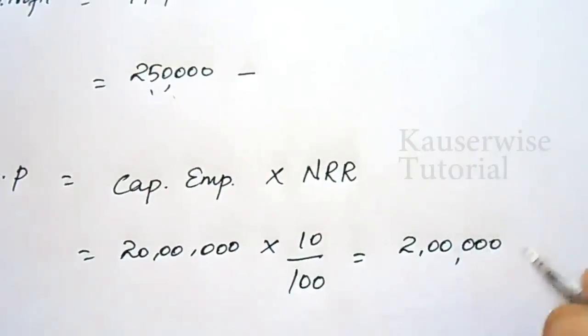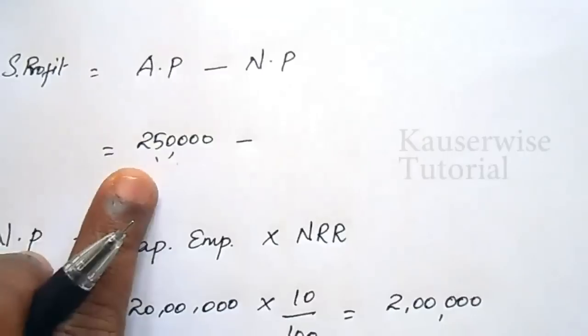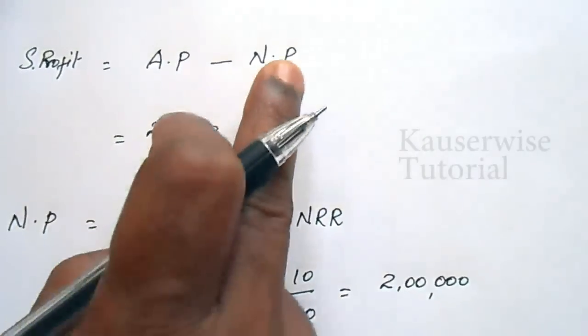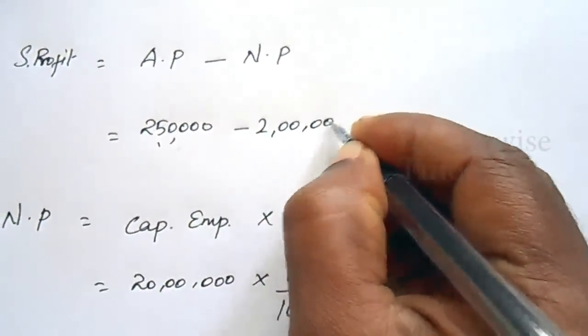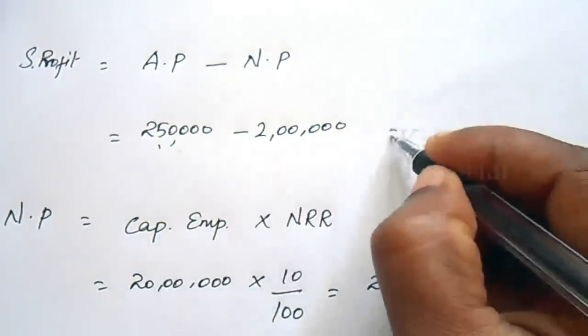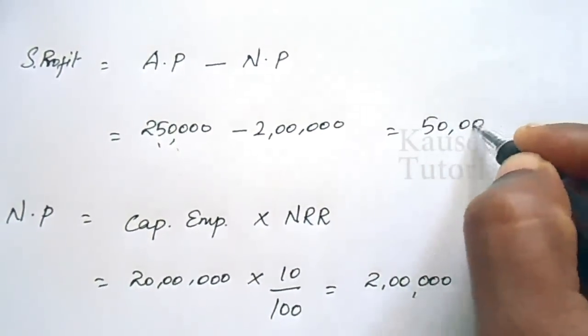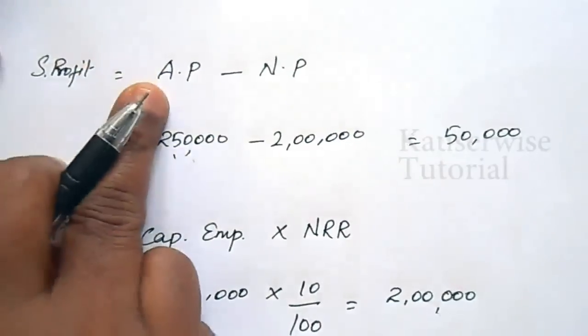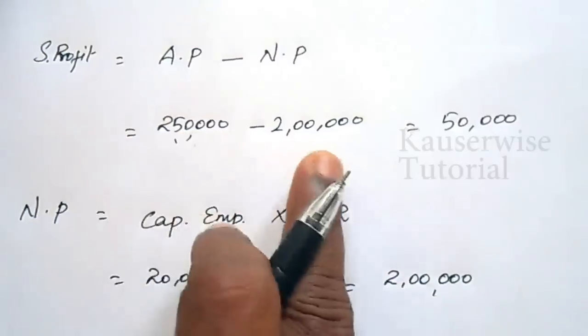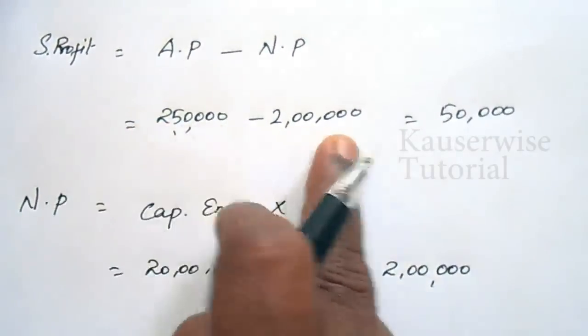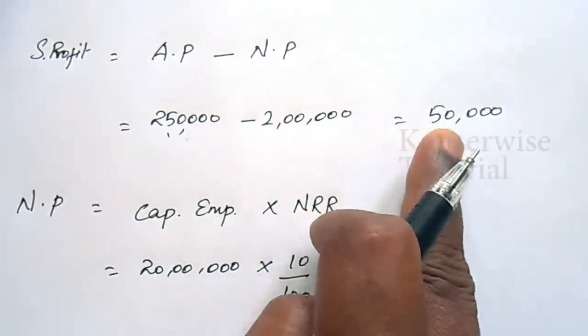Now find the difference. Average profit is 2,50,000, which is given in the problem. Normal profit is 2 lakhs. What is the difference between these two? 50,000. So super profit is average profit minus normal profit. Average profit 2,50,000, normal profit 2 lakhs. Difference 50,000. Now we have got super profit.